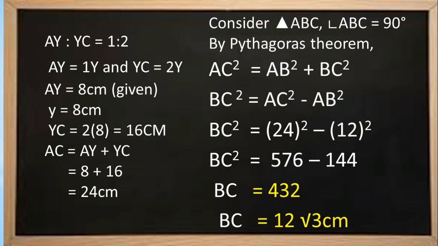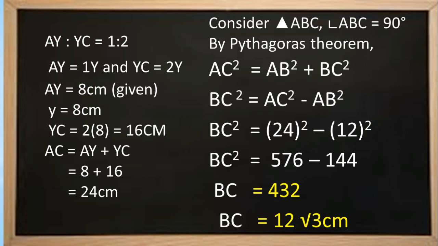So consider the triangle ABC where angle B is 90 degrees. If angle B is 90 degrees, the side opposite to angle B is AC, that is the hypotenuse. So AC square is equal to AB square plus BC square. As we need to calculate BC, let us rewrite the equation.